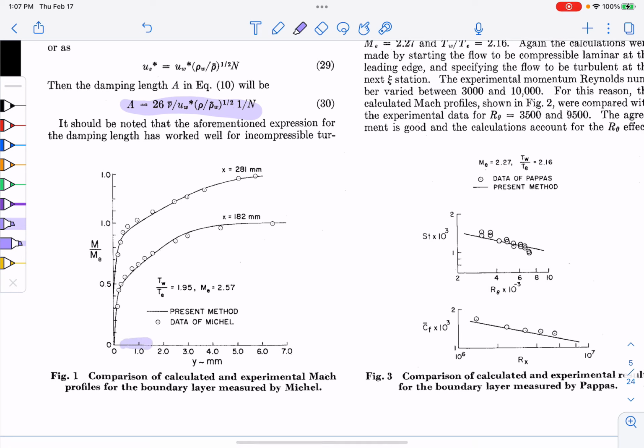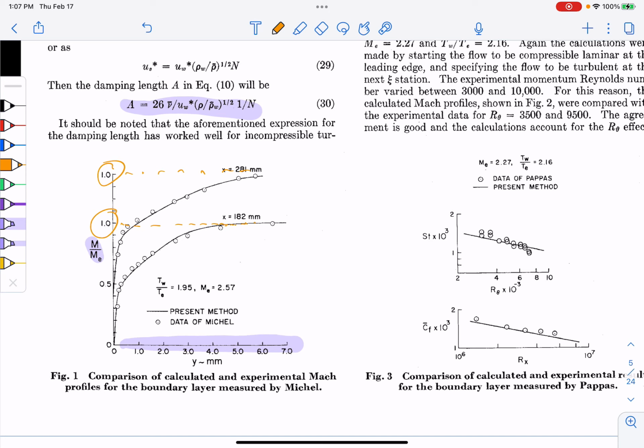So the x-axis is the distance from the wall in a turbulent boundary layer, and the y-axis is basically normalized Mach number. And the graph is a little bit tricky, because you can see in this case, this is some distance down, and the value is 1, and the distance here is 1 on the same axis. So this is really a multi-axis graph. He just normalized it with an offset to make it more prevalent.